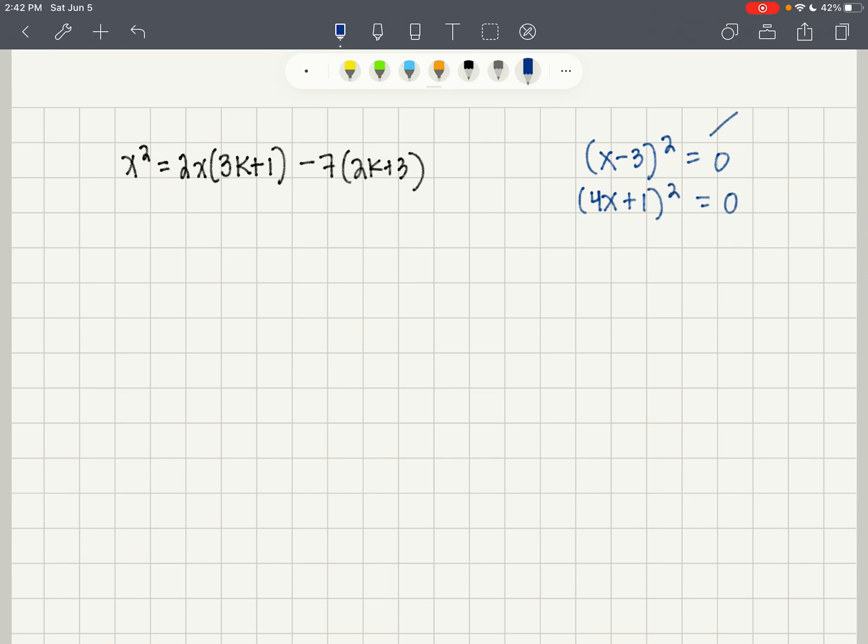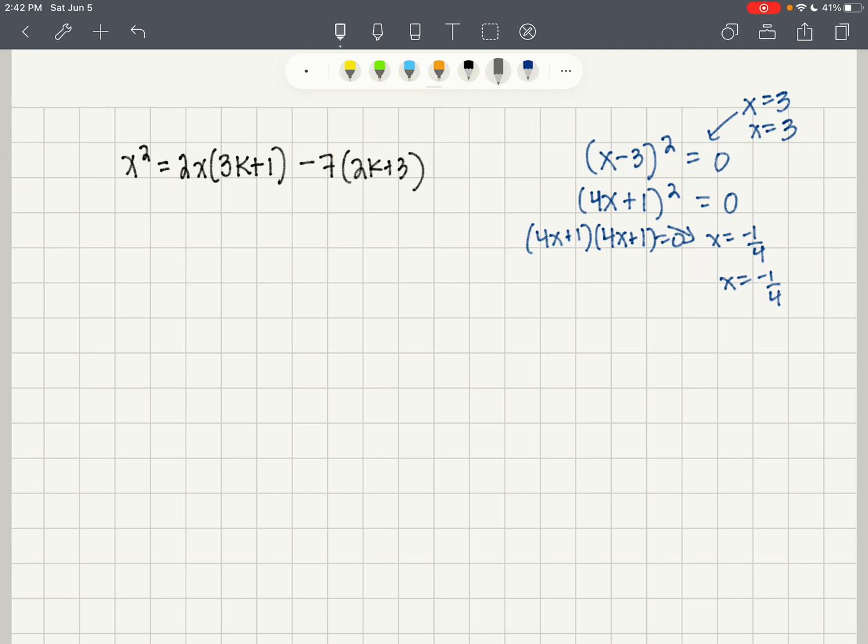In the first one, the roots would be x equals 3 and x equals 3. That would be a multiple root. Here, x equals negative 1/4 and x equals negative 1/4, because when we expand this, we'd have two equal roots. So we want that to be the situation for this problem that I'm posing on the left-hand side.